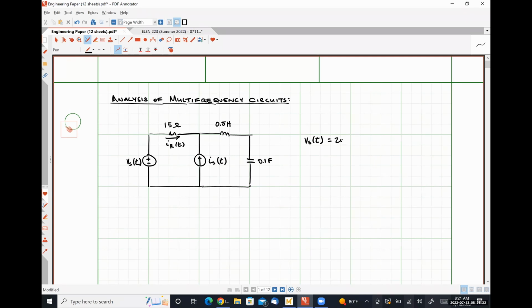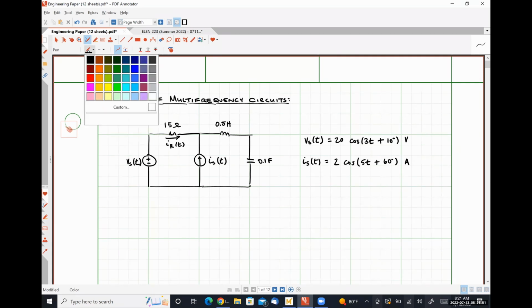In this particular circuit, Vs of t is 20 cosine 3t plus 10 degrees volts, and Is of t is going to be 2 cosine 5t plus 60 degrees amperes.